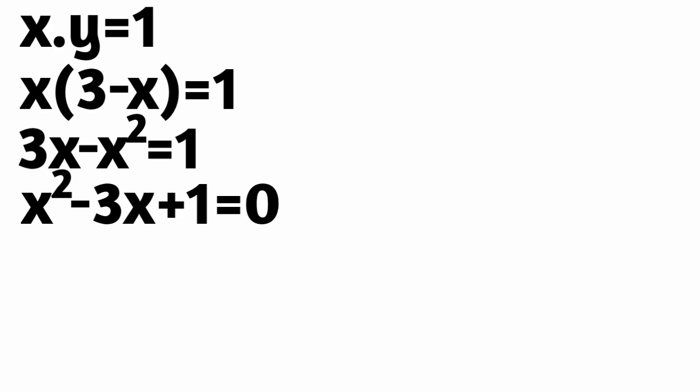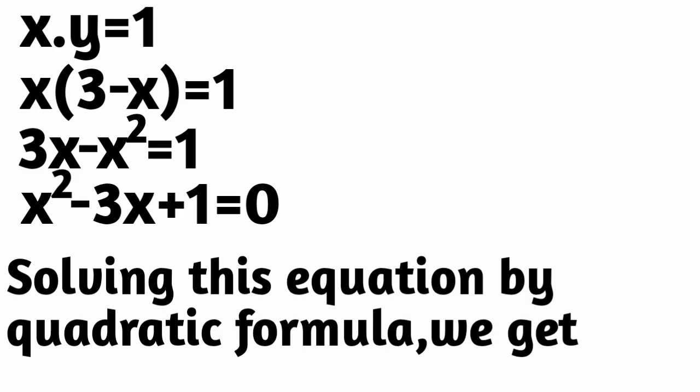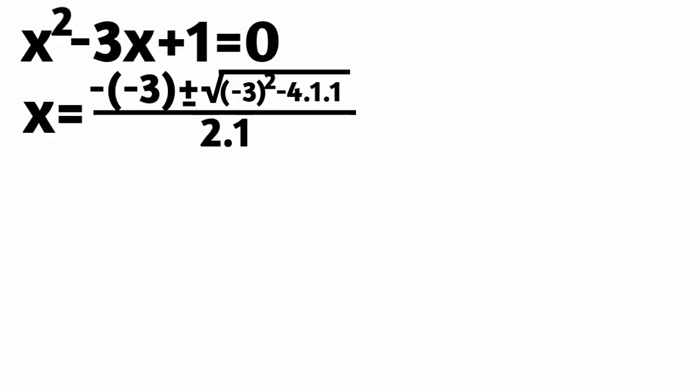This quadratic equation will be solved by using the quadratic formula, which is given by x equal to minus b plus minus under root b square minus 4ac divided by 2a.